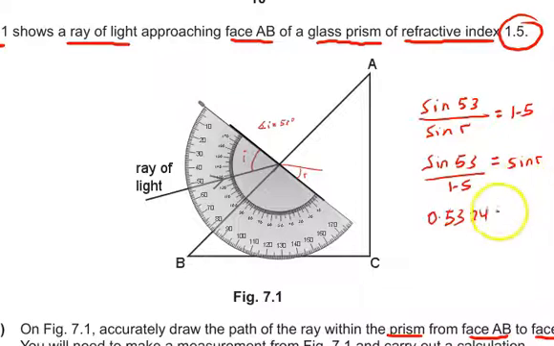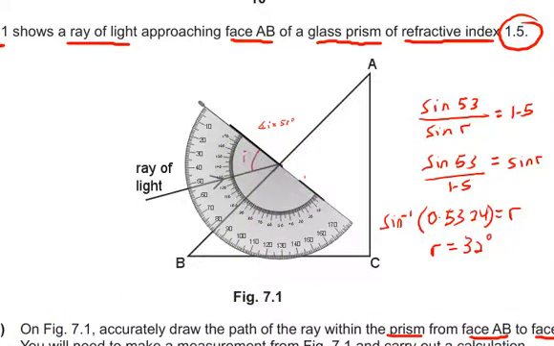Then we shift sine to get the refracted angle, which is about 32 degrees. So here is your calculation, 32 degrees.